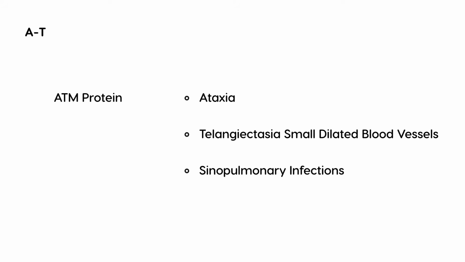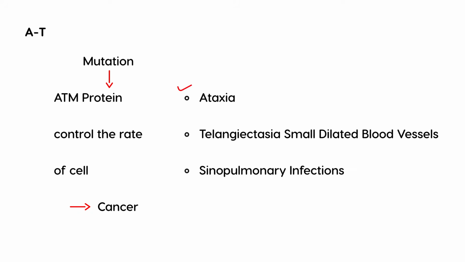And this ATM protein is involved in detecting DNA damage and controlling the rate of cell growth and division. Now, when this protein has a mutation, the rate of cell growth and division is not properly conducted, and that will allow cells to proliferate, and that can lead to cancer. So these items I wanted to quickly point out.